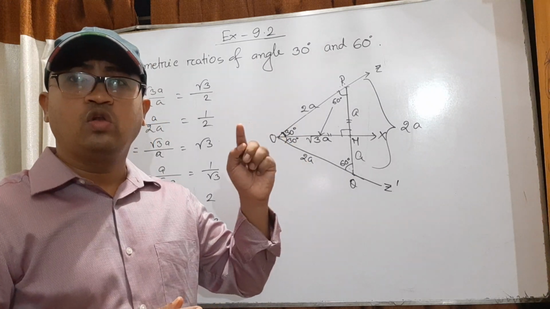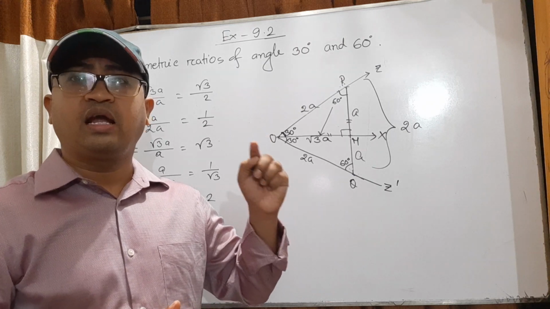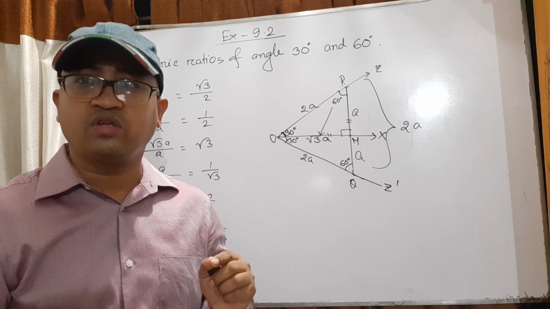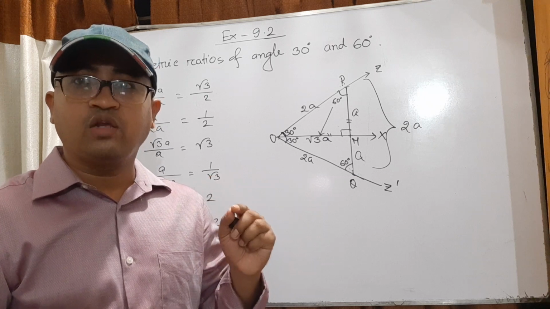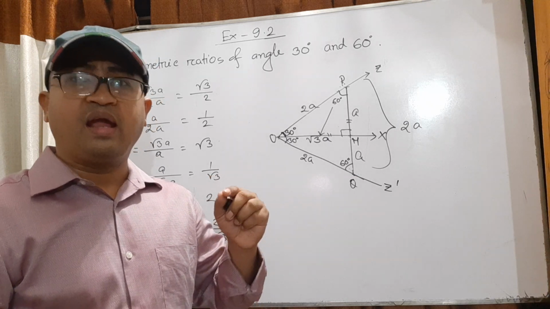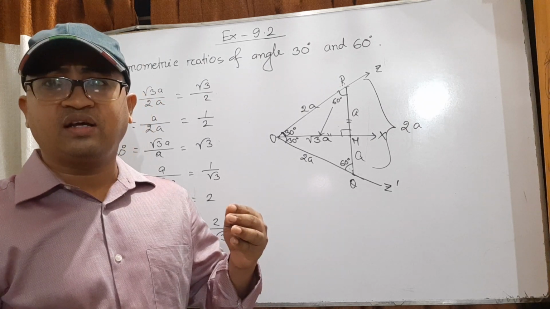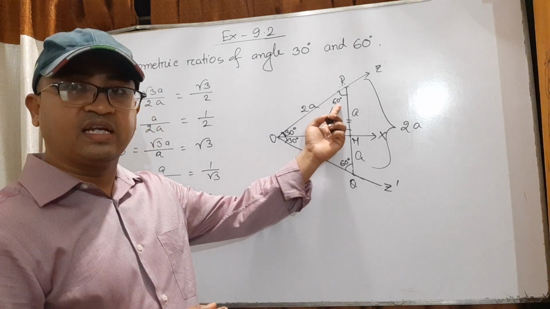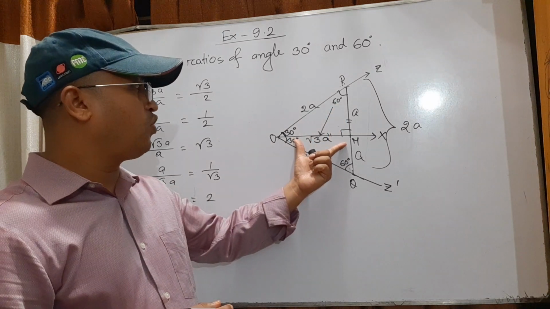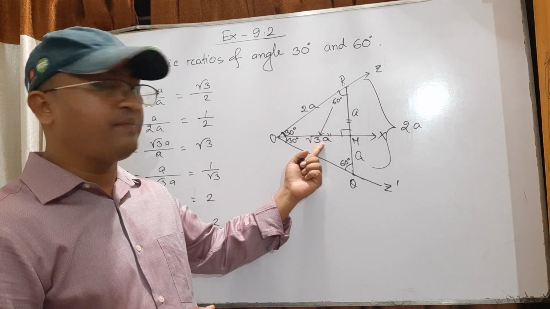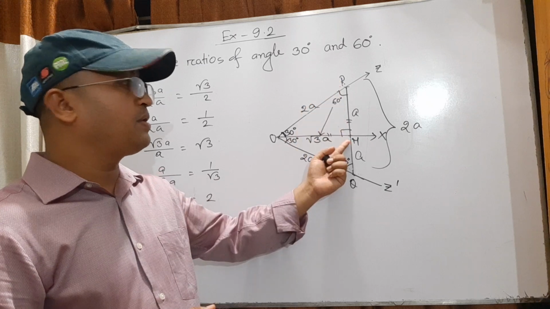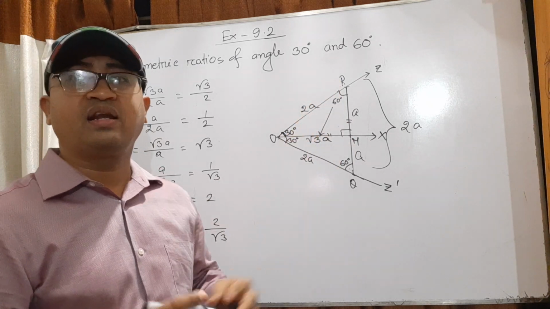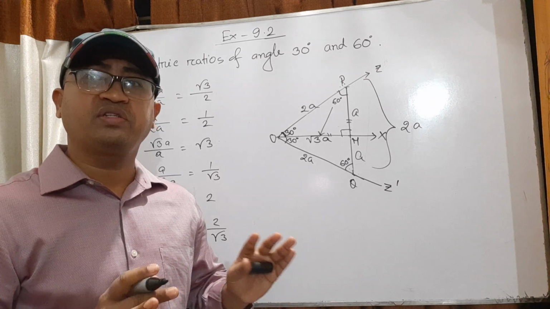So always look at the figure and identify the angle for which we will find out the ratio, and according to this we will consider the opposite side and adjacent side. So if you consider 60 degree, opposite side will be OM, that is root 3A, and adjacent side becomes PM, that is A. But hypotenuse remains unchanged.